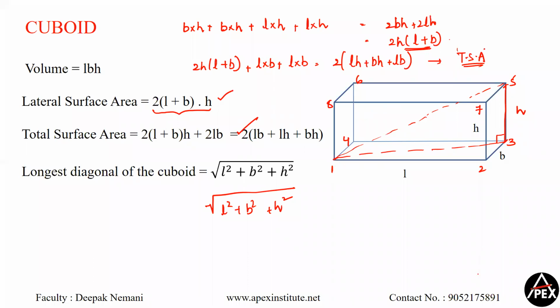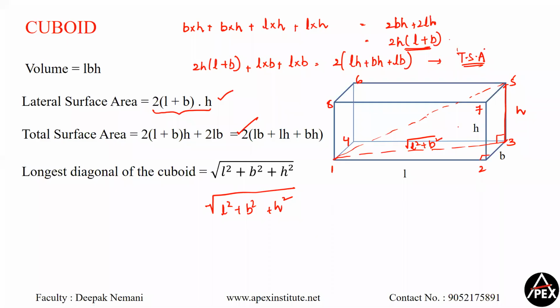How can we find that? Root over L square plus B square. The bottom surface 1, 2, 3 triangle is a right angle triangle. So this 1, 3 diagonal will be root of L square plus B square, isn't it?